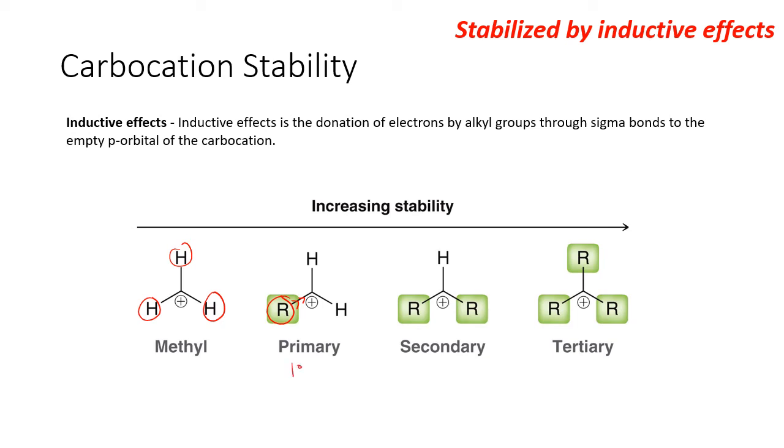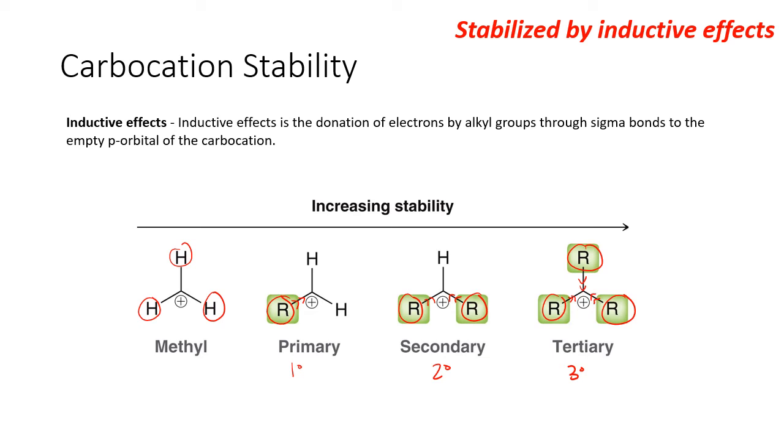But in a primary carbocation, you only have 1 R group doing the stabilizing. In a secondary carbocation, you've got 2 R groups, 2 generic alkyl groups that can push their electron density back towards that positive charge on carbon. And then the most stable carbocation is a tertiary carbocation. You have 3 R groups attached to your carbocation, 3 opportunities for electron density to be pushed back towards there via inductive effects.